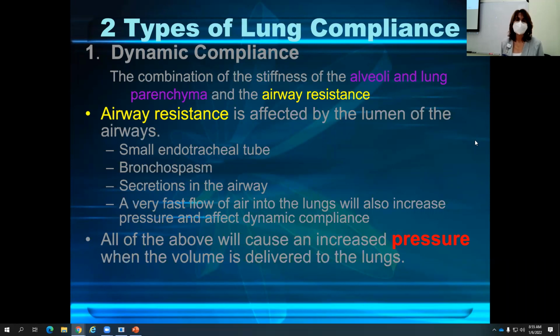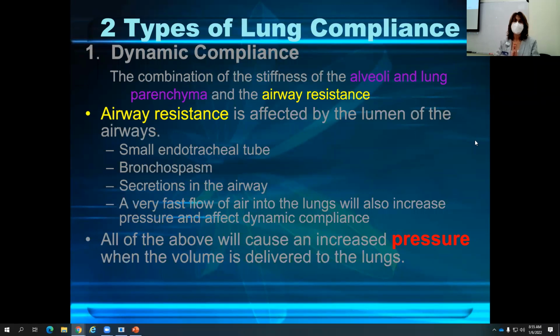In adults, it should be an 8.0 or an 8.5 in larger adults. Why not use a 7 or a 7.5? Because the smaller the tube, the more resistance to pushing the air through that tube.